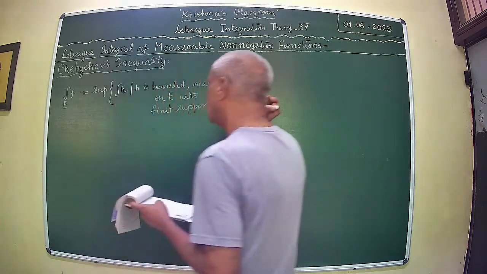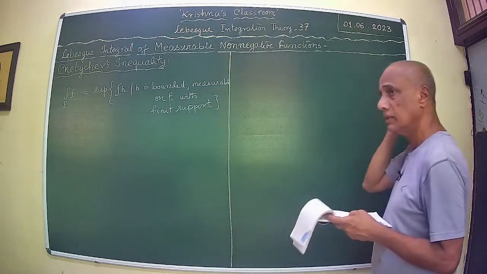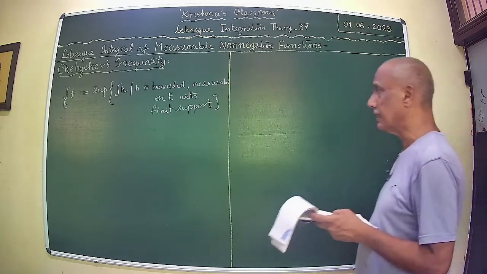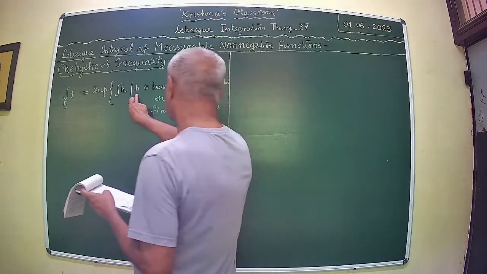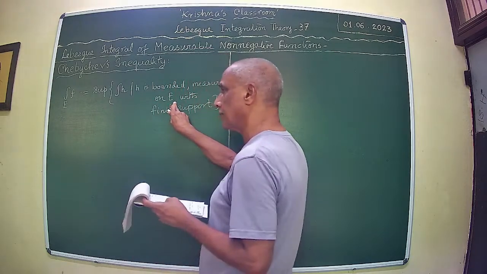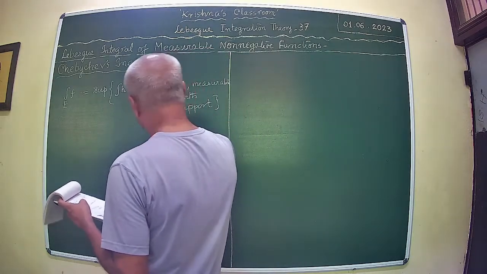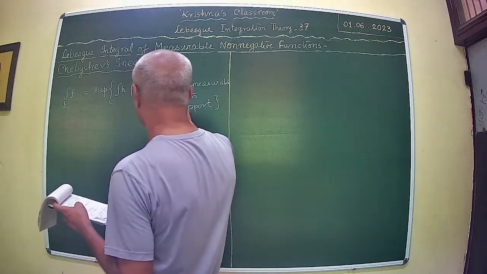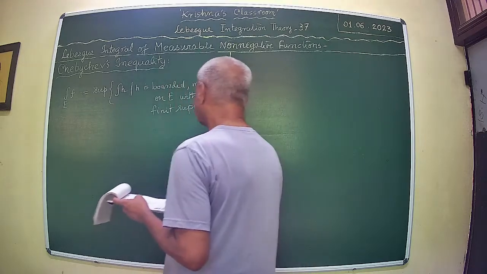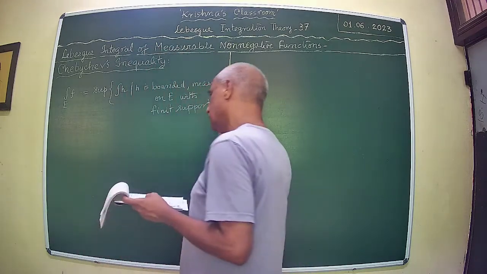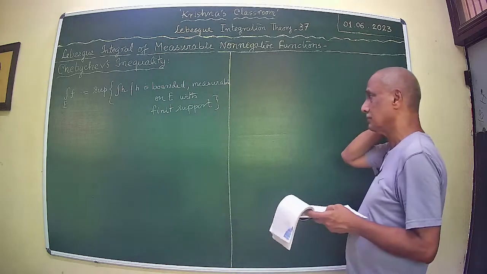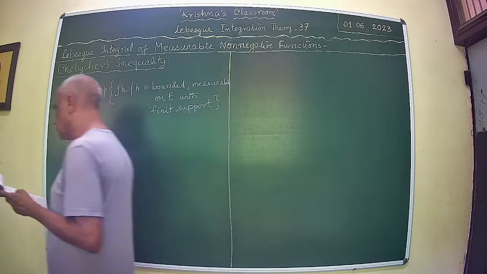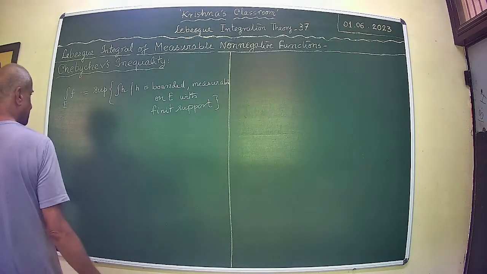That means H is defined on some subset of E. Maybe the whole thing is E if E itself has finite measure. Otherwise, on some subset of E such that H is 0 outside this subset.